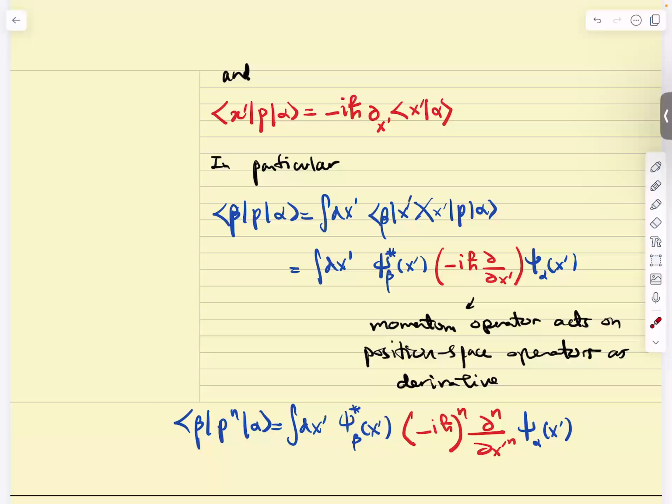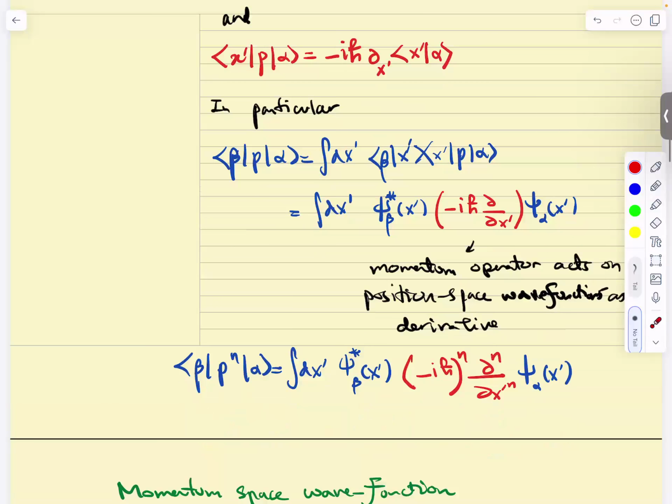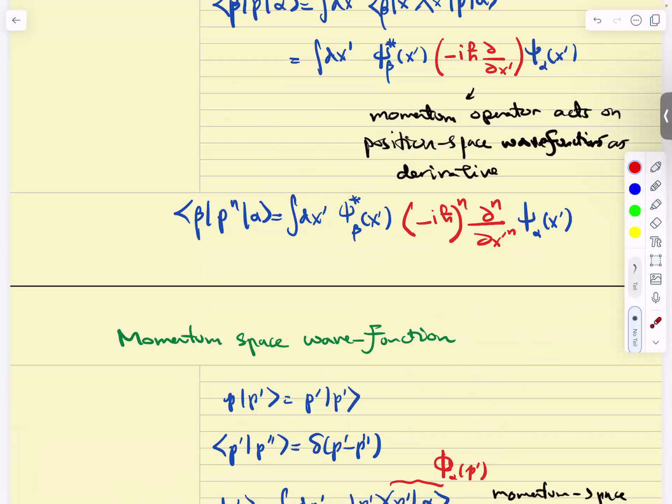All right. So this guy is the momentum operator acting on the position space vectors as a derivative of the wave function. Let me just write this wave function. Similarly, you could define P to the power of n, and that is differentiation n times, right?